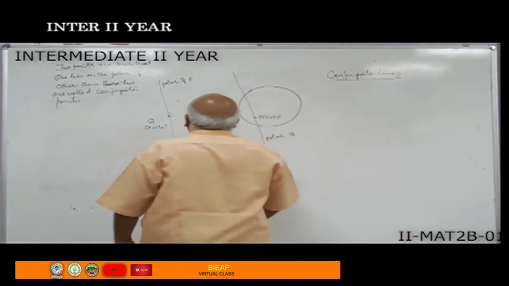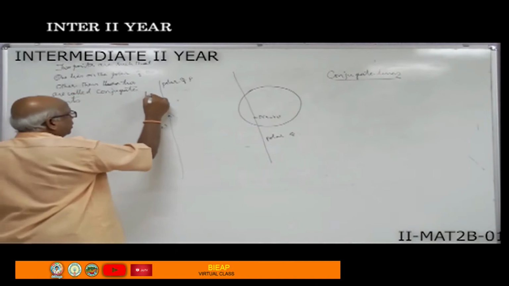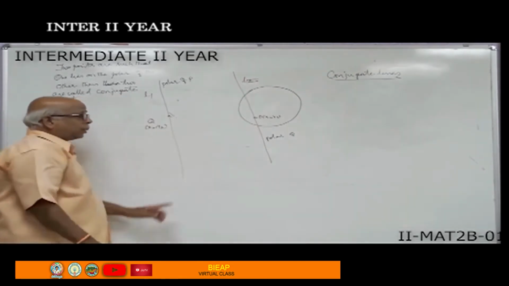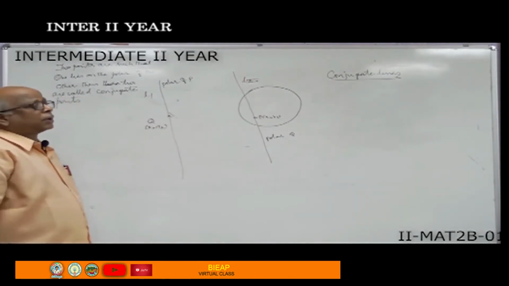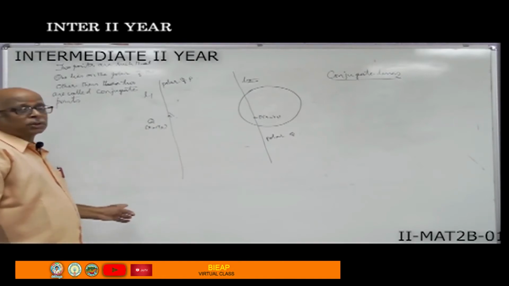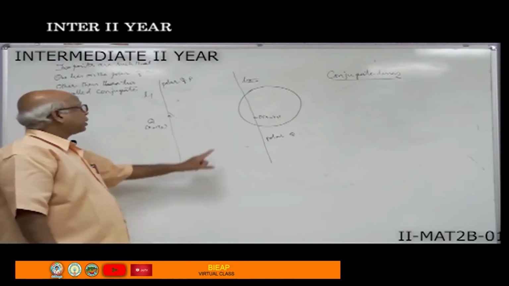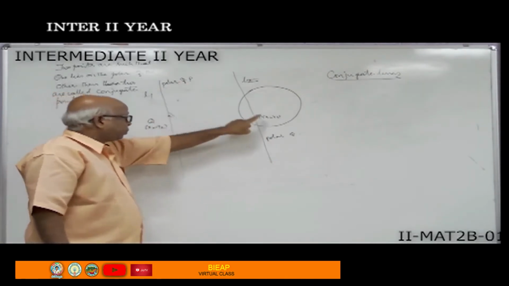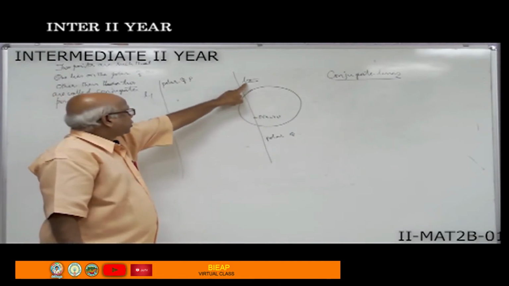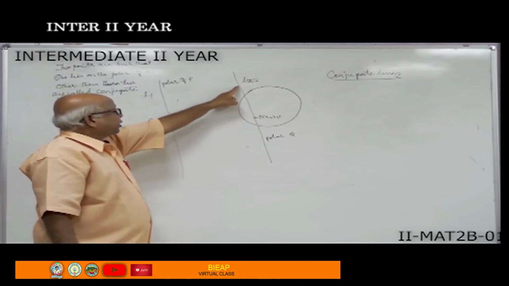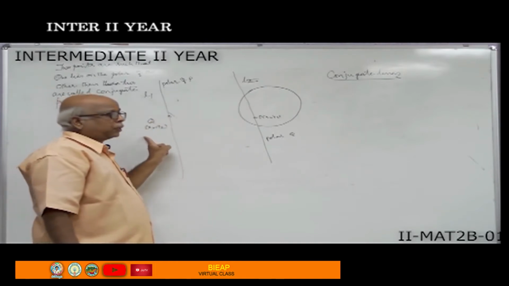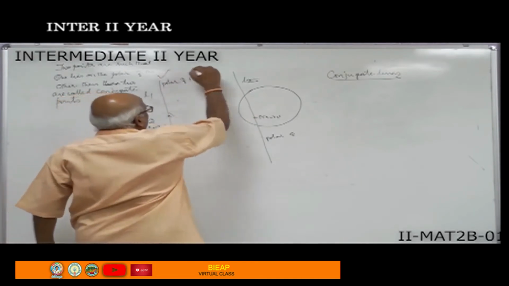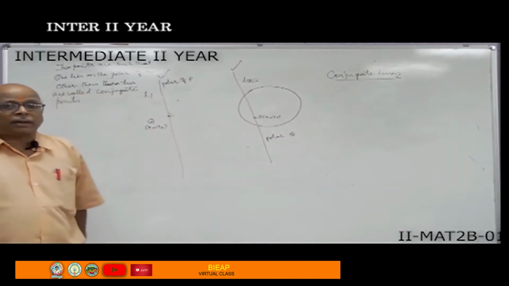Conjugate lines. 2 lines are such that, let us say this is line 1, this is line 2. 2 lines are such that one passes through the pole of the other. That means L1 is passing through the pole of P, L2 is passing through the pole of Q. That means this line is passing through the pole of Q and this line is passing through the pole of P. Then these 2 lines are called conjugate lines.